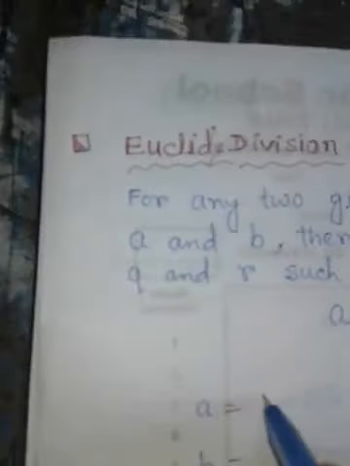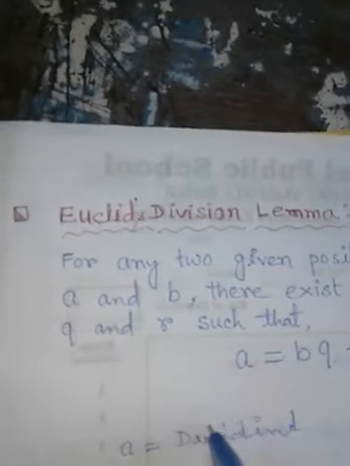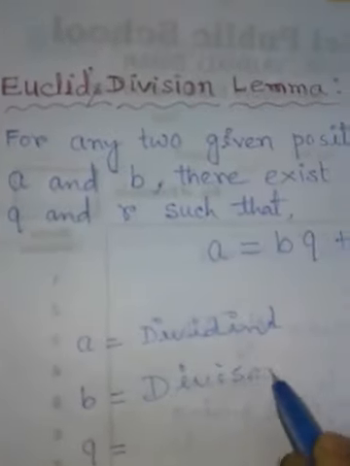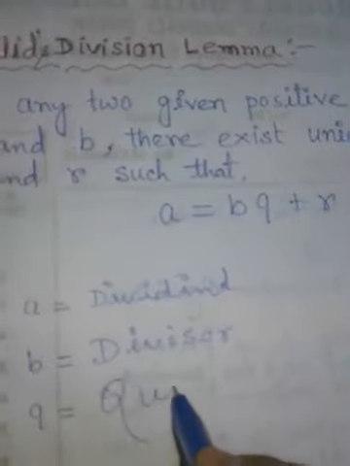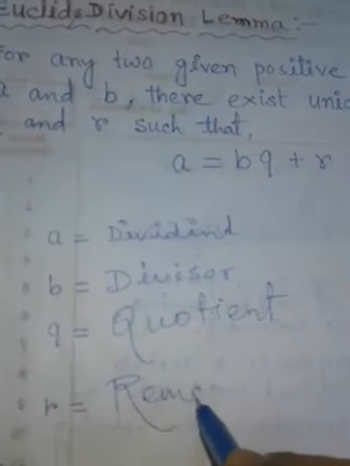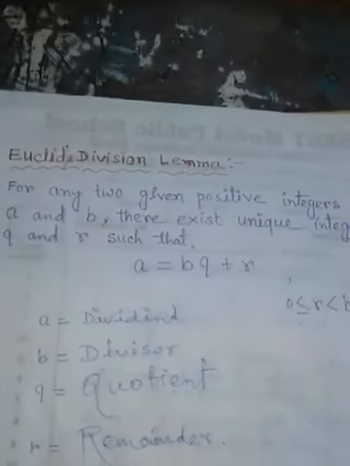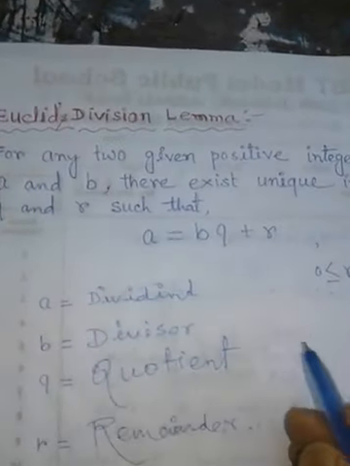Here a is the dividend, b is the divisor, q is the quotient, and r is the remainder. Euclid's division lemma is about dividing two numbers.